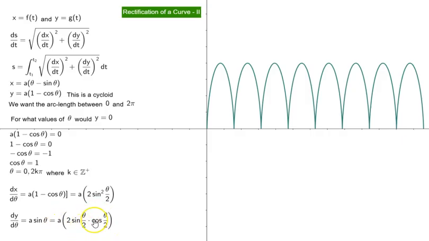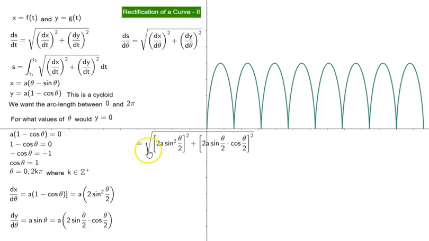Again, a trigonometric identity. So now ds by d theta is equal to this expression, square root of dx by d theta square plus dy by d theta square. Putting the values in, we get ds by d theta is equal to square root of dx by d theta, that is 2a sine square theta by 2 the whole square, plus dy by d theta, that is a times 2 times sine theta by 2 times cos theta by 2 square.